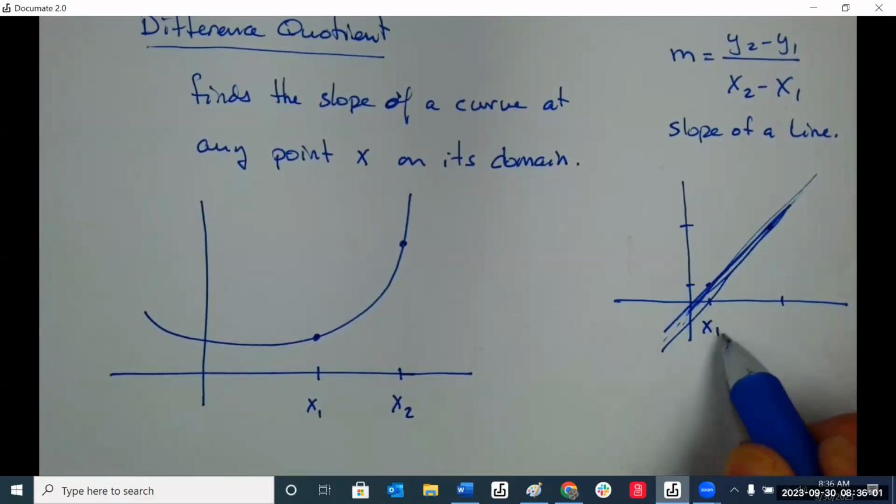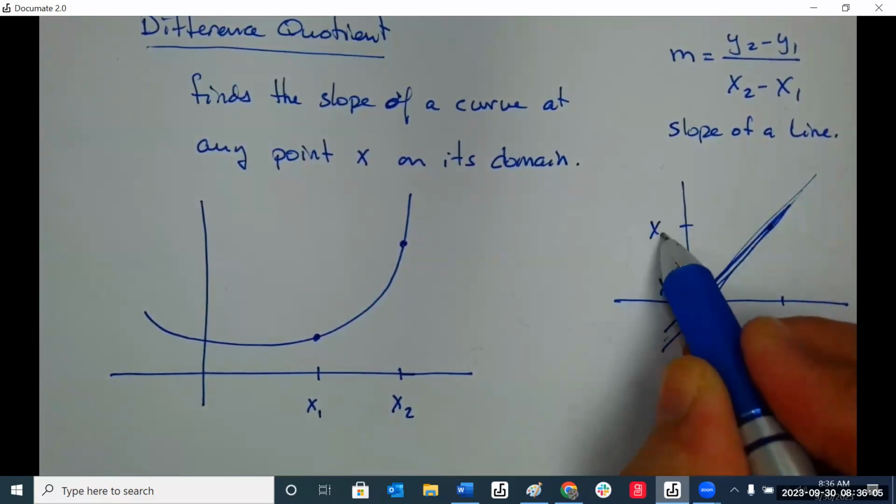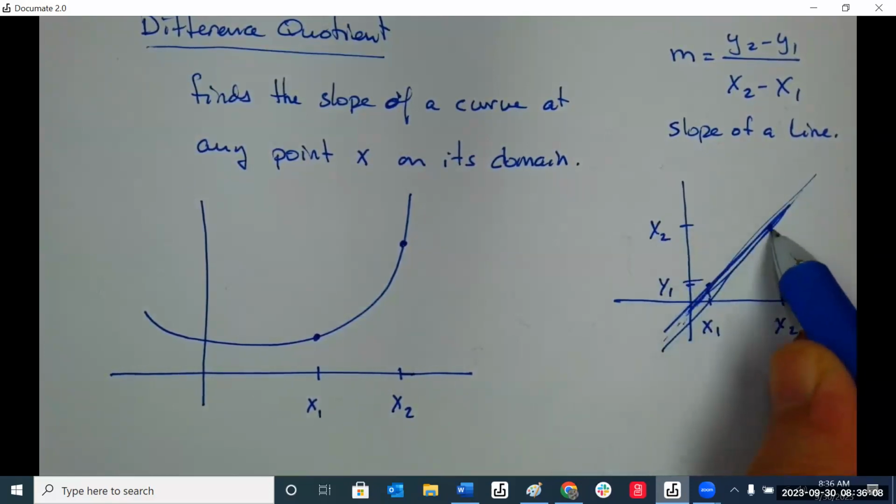So this equals x1, y1, x2, y2, the first point and the second point.